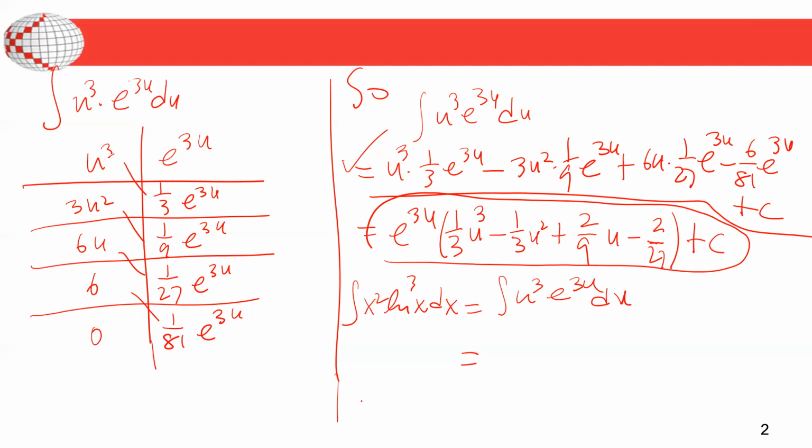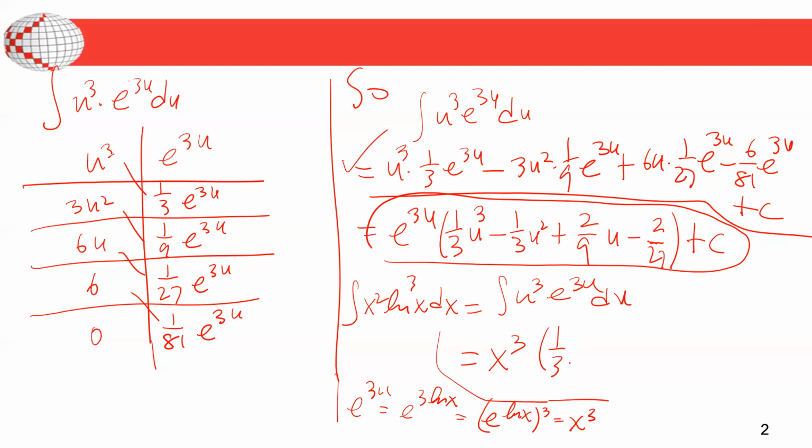For example, e to 3u becomes e to 3 times log of x, which is e to log of x cubed, which is x cubed. Earlier we noticed that e to u is the same as x. So e to 3u becomes x cubed.